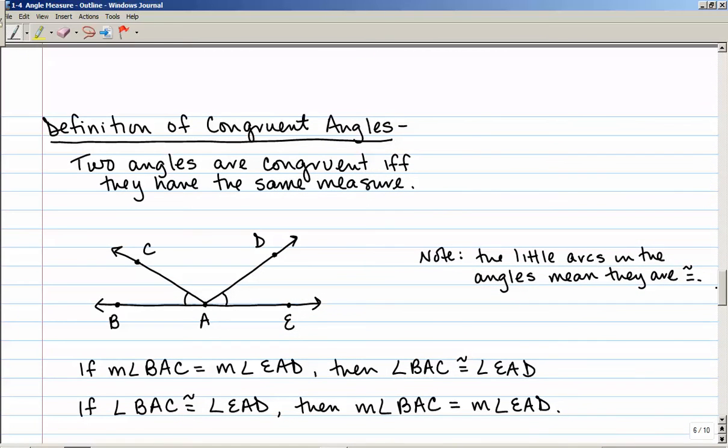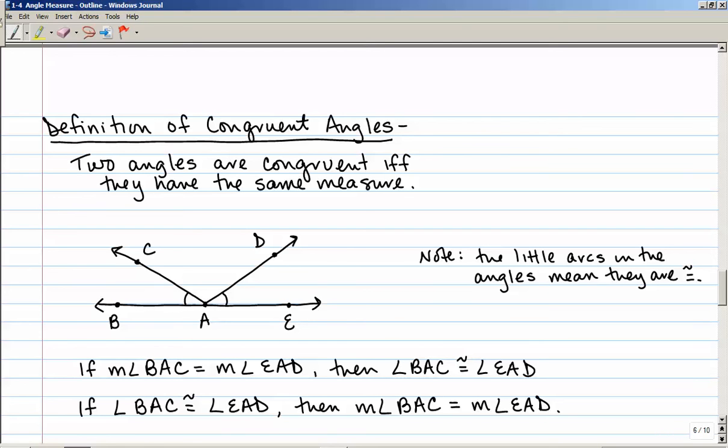Just like we had the definition of congruent segments, we also have the definition of congruent angles. And this says 2 angles are congruent if and only if they have the same measure. So in this case I have angle BAC, which is congruent to angle EAD. And notice I have these little arcs in the angles here. That means that those are congruent to each other.